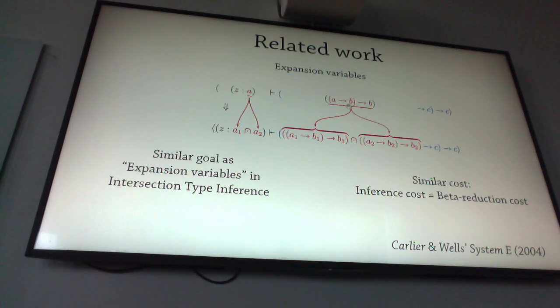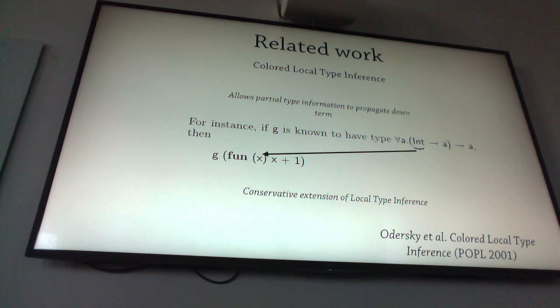You can kind of see this in this very vague but hopefully evocative diagram, which shows that they take a type that needs expanding, and then they copy it into two places. You can imagine maybe the ints are over here and the strings are over here. And this has a similar cost. Its inference cost is equal to the cost of data reduction. But yeah, I'm only vaguely familiar with this. Next step is to learn more about it.